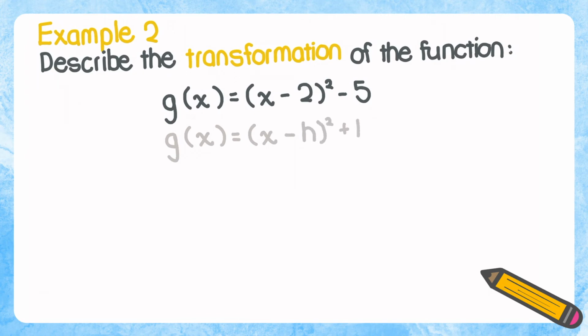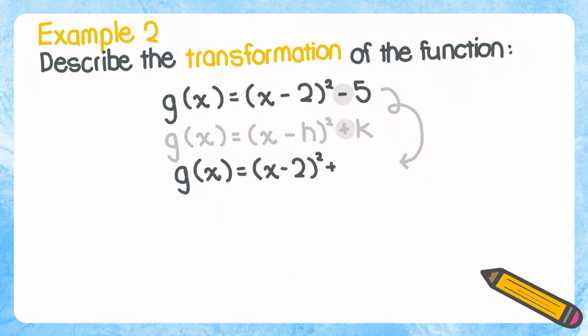We do not have an exact match right here, so we need to rewrite the function. So what would this look like? G of x equals x minus 2 quantity squared plus negative 5.